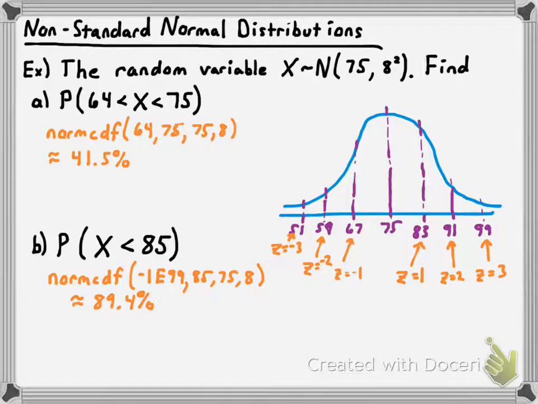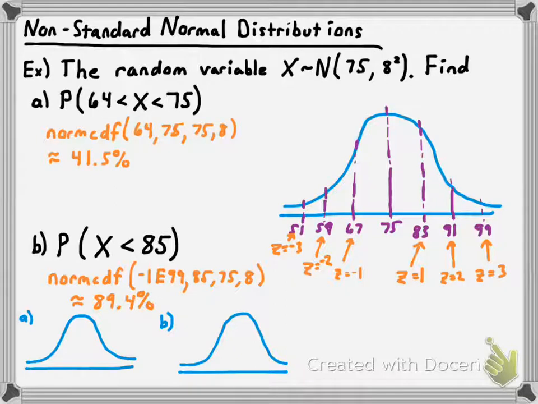I want to give you a couple more pictures just so I know you know how to interpret those answers, and then we'll move on and try one more example. I'm going to draw two more normal curves. If you recall, the probabilities associated with a normal curve represent the area under a particular section of the curve.